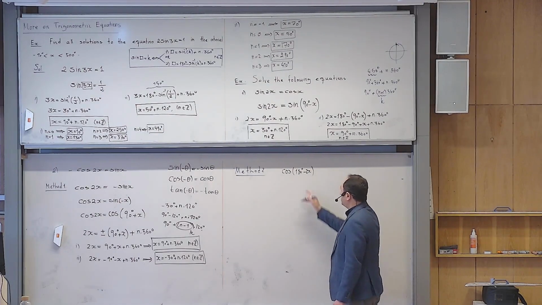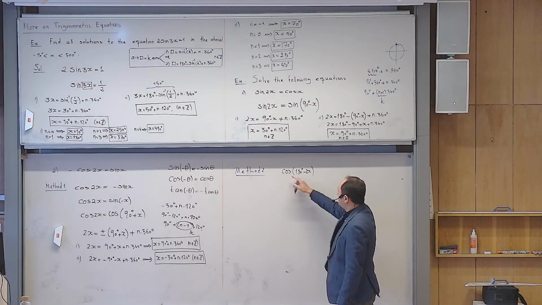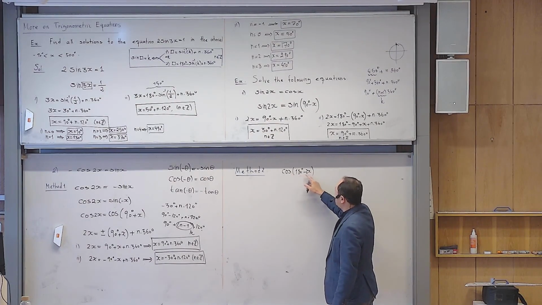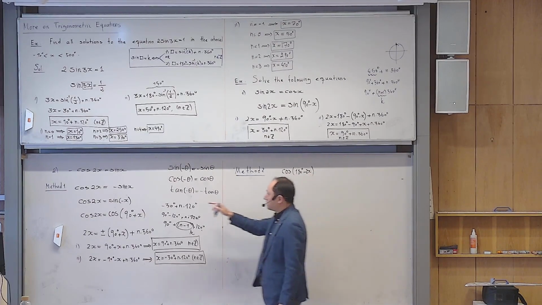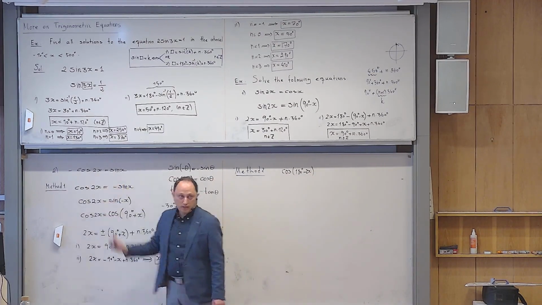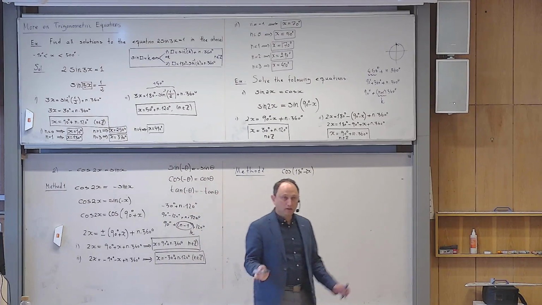So do you remember we talked about supplementary angles? 180 degrees minus 2x is supplement to 2x. And the cosines of supplementary angles are opposite.